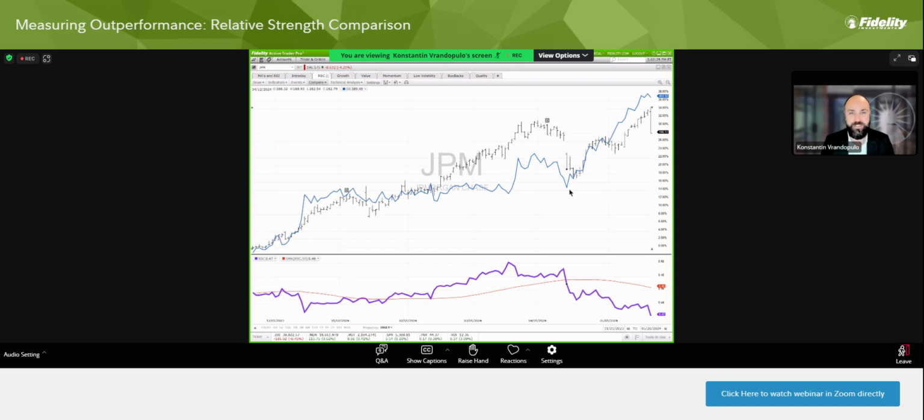Because you could lose on both if you get in on the wrong side of both entries. So it's not like if you go long one, short the other, you're always going to win, or you're going to win less or lose less. You can lose on both if you pick the direction wrong on that pairs trade. So it has to be a lot more nuanced.